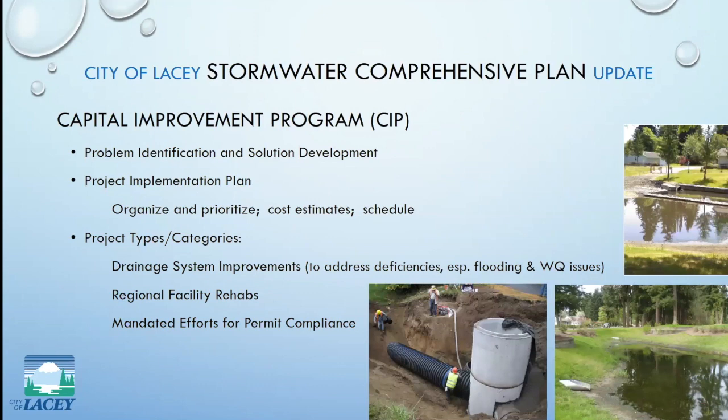So a major piece of the stormwater comp plan update is the capital improvement program, the CIP. There's a process to determining what projects become part of this program. You look at known problems, you identify issues in the drainage system and what you need to be doing, develop solutions, which would be conceptual designs. And then there are various opportunities and constraints that you have to consider.